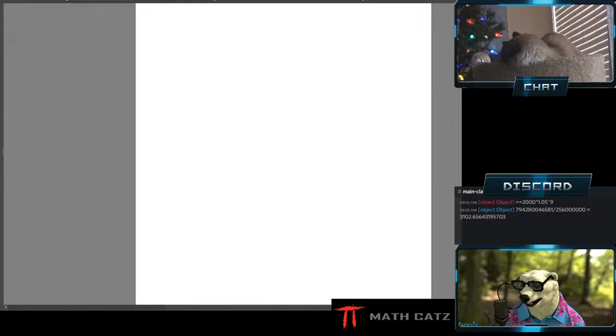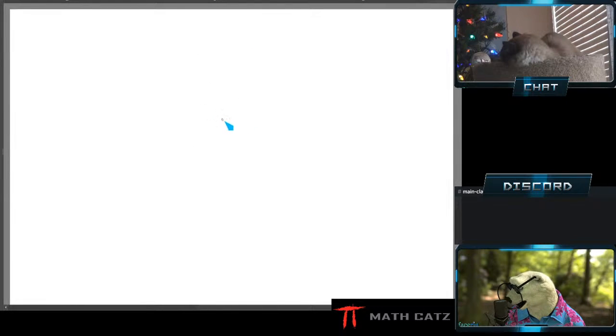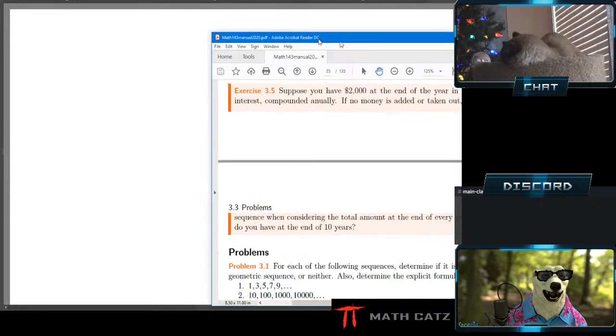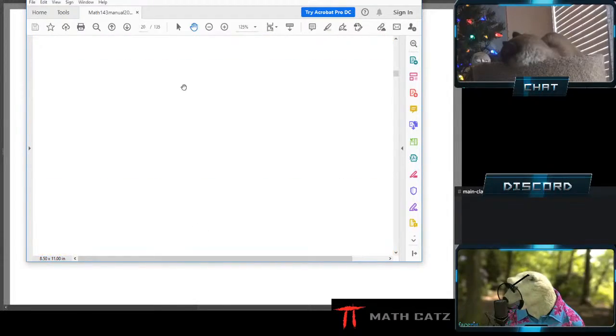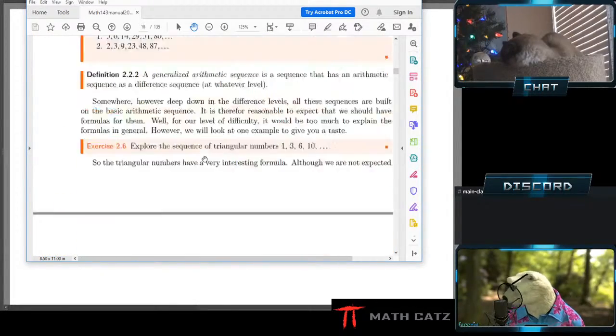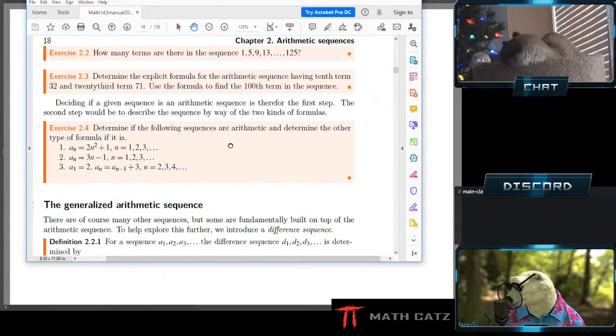But we just need to discuss why I say that. If we look back at the arithmetic sequence questions, we did exactly the same thing. Let's go all the way back, far back, past generalized. We had questions like how many terms are there in this arithmetic sequence?